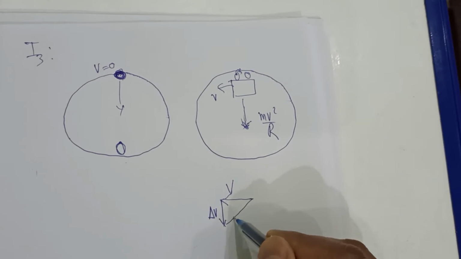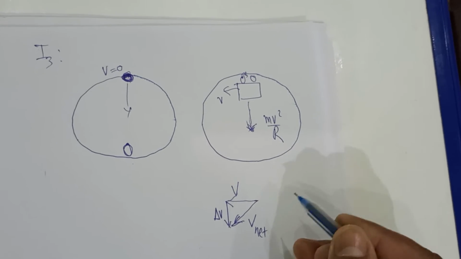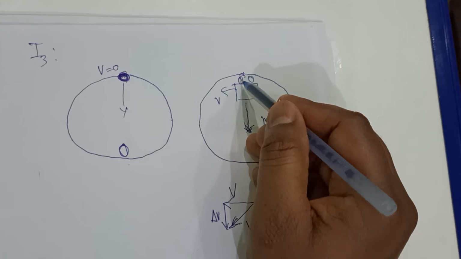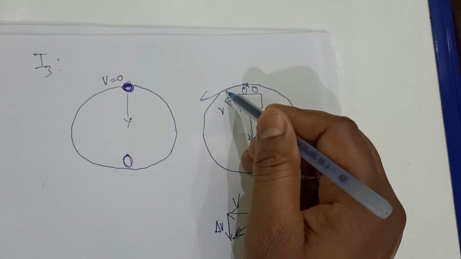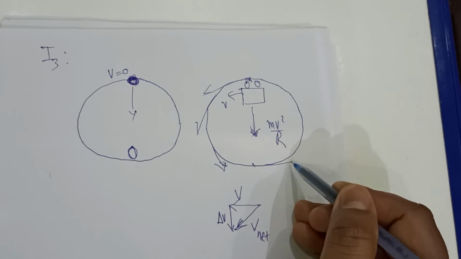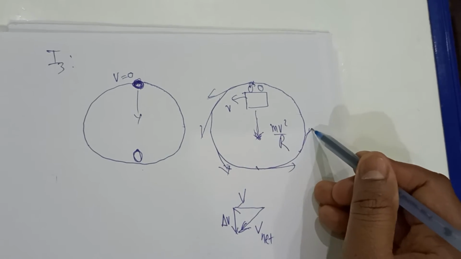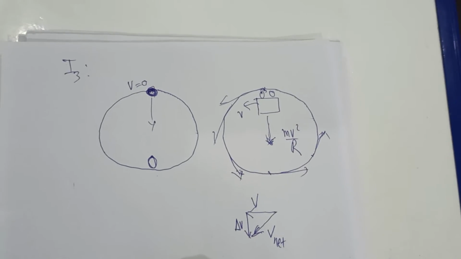So the net velocity will be this. So this vehicle will move tangent to this circular path, so it will keep moving in the tangential direction to the circle. That is why it will keep moving and moving.